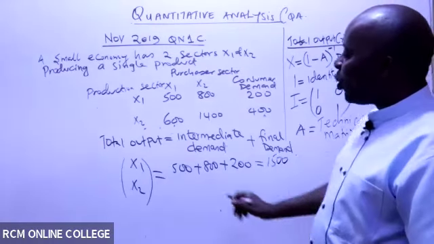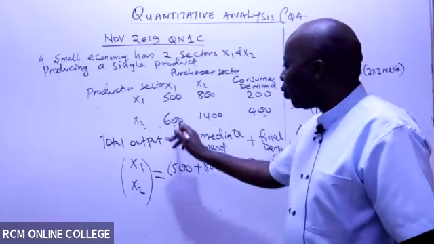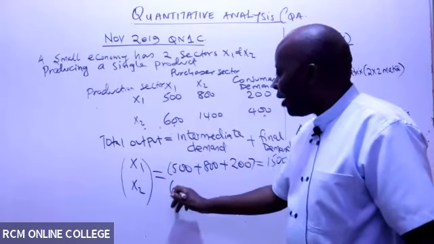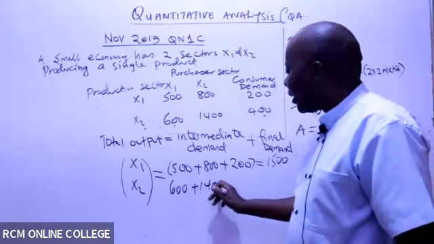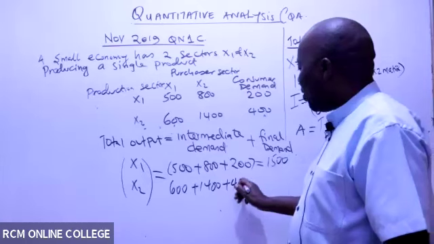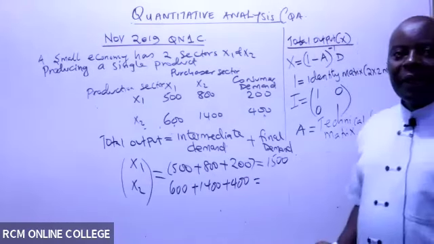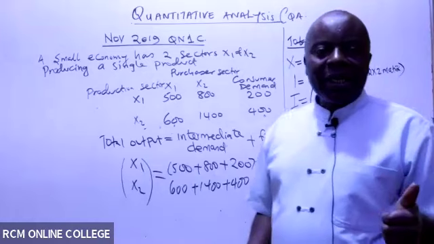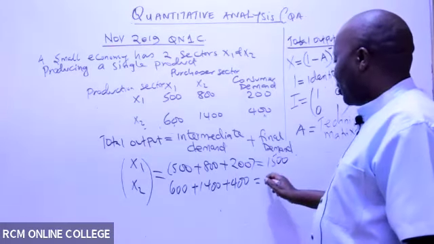For X2, what do we have? For X2, ladies and gentlemen, we have 600 being consumed by X1, plus what it will sell to the other sector, plus what will go to the consumer demand as 400. Is there somebody who is able to give me this figure? 2400.